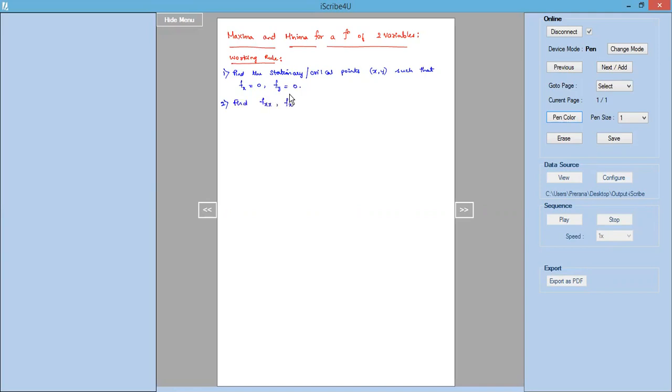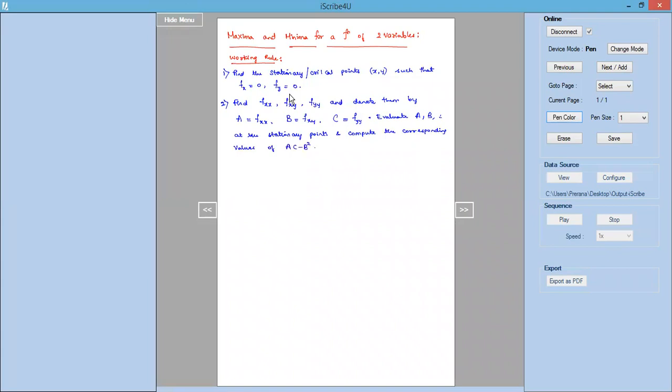We denote capital A by fxx, capital B by fxy and capital C by fyy, and we evaluate A, B, C at the stationary points and compute the corresponding values of AC minus B square.